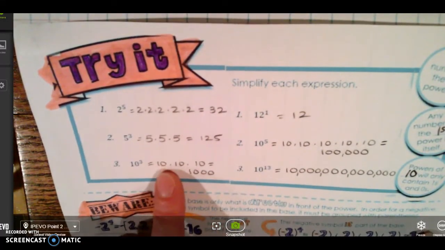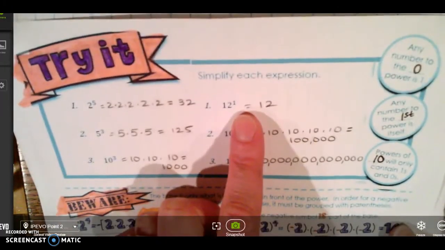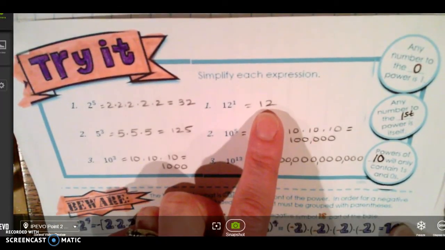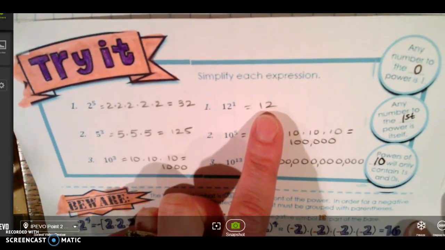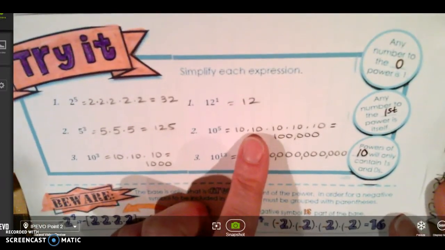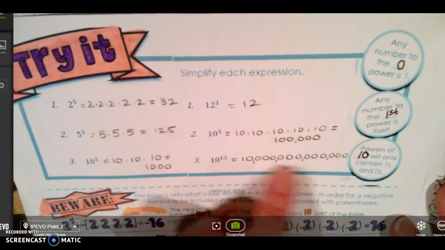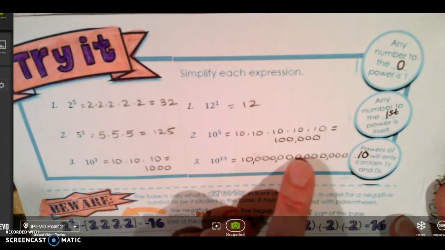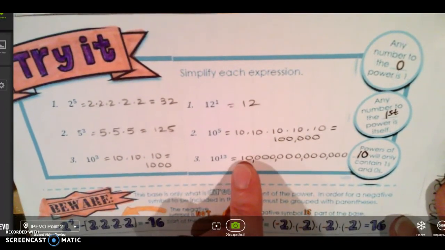And 10 to the 3rd power, you could also use 10 caret 3 and get 1,000. 12 to the 1st power just means we're taking the base 12 and we're just multiplying it, or actually not even multiplying it, it's just 12. There's one factor of 12, so it's 12. 10 to the 5th power gives you 100,000, and 10 to the 13th power is going to give you this huge number. It's going to have 13 zeros, and it's going to have a 1 in front of it.